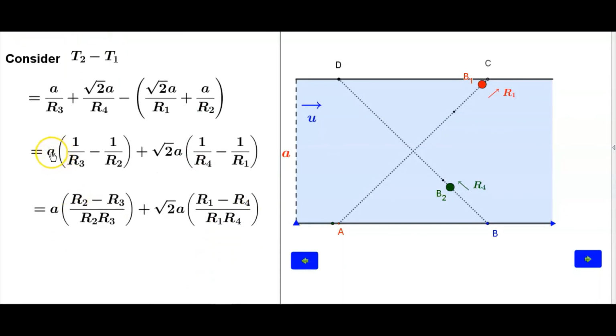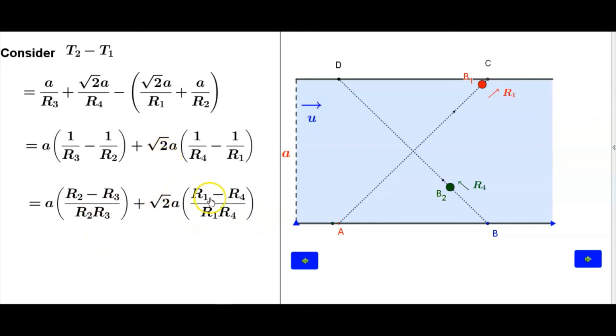Therefore, A into R2 minus R3 over R2 R3 plus root 2A into R1 minus R4 over R1 R4.